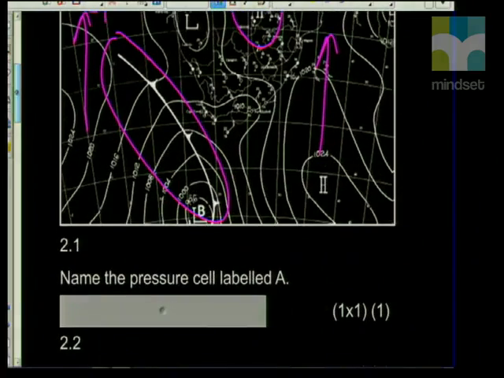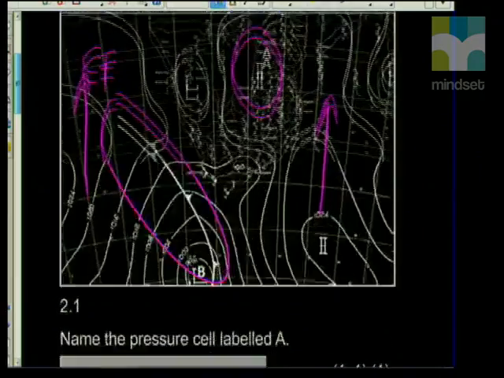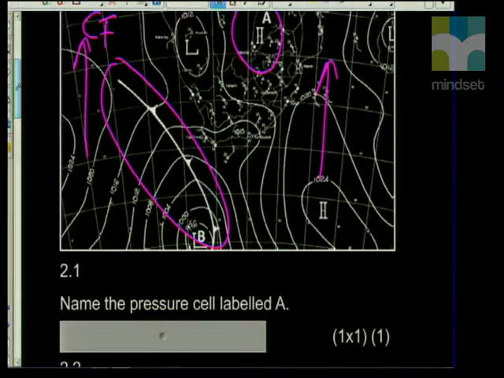Name pressure cell A. Now learners, we need to be careful here. I know this question was a bit vague. It came out in a past paper. I know many of you jumped to the words high pressure cell.